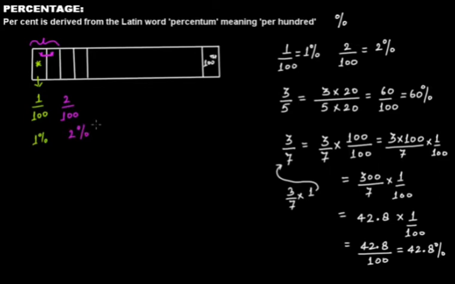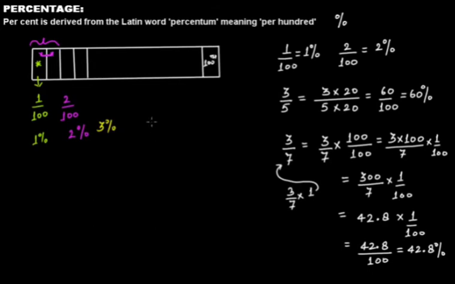So again, we can see what we mean by percentage. We cut this block into 100 equal portions, and then each portion represents some fraction. If I take only this one, this is 1%. If I take these two, that is 2%. If I take this one and this one, that will be 3 over 100, and the percentage will be 3% in that case. Right? Okay.